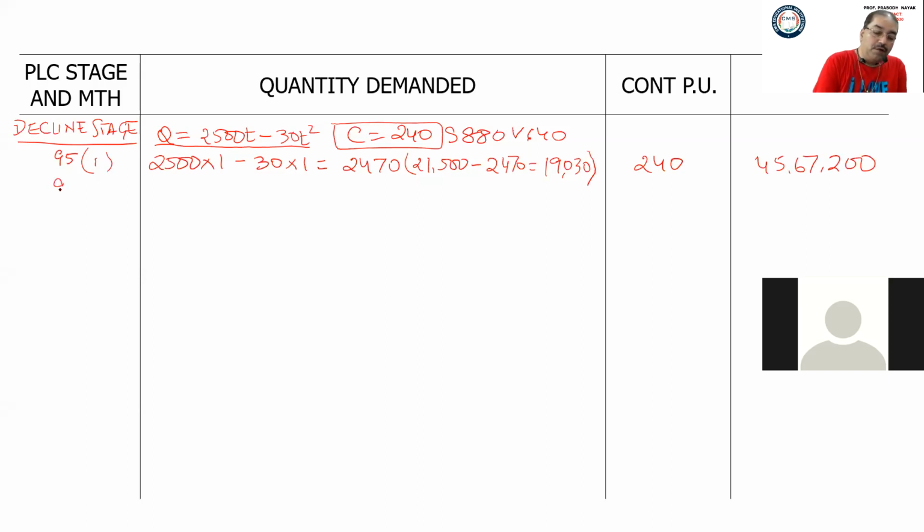Month number 96 for us. For him, it is month number 2. So it is 2,500 into 2 minus 30 into 4. That is 4,880. 21,500 minus 4,880, so my quantity is 16,620.